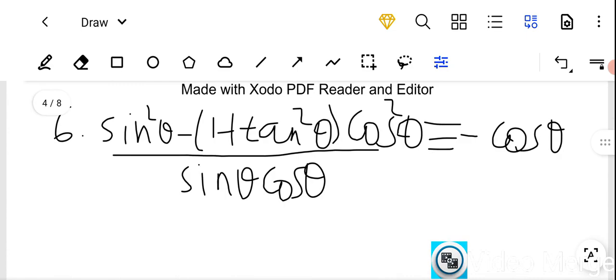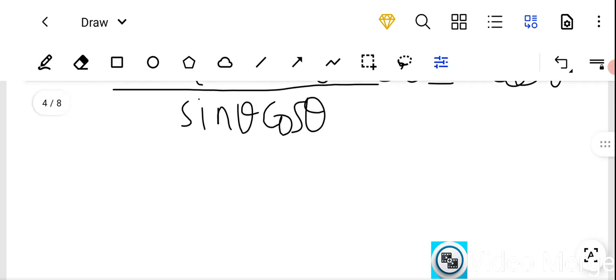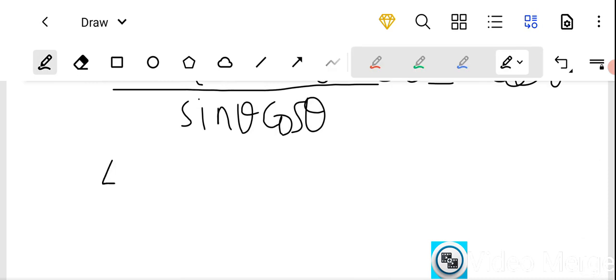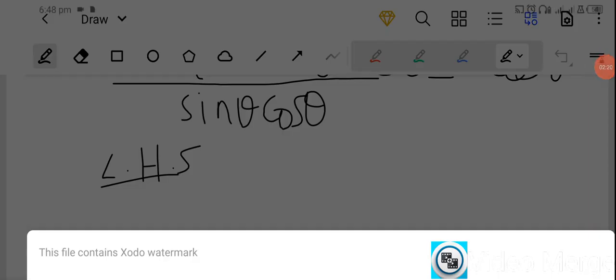How do we proceed? We choose which side of the identity is the most favorable. So we go for the left hand side. Sorry for that, the page was trying to save itself.